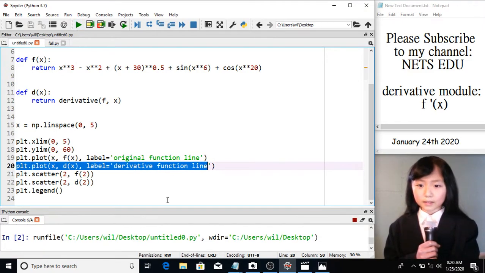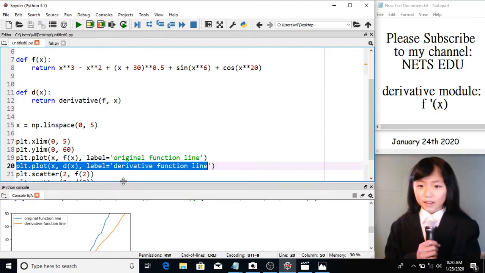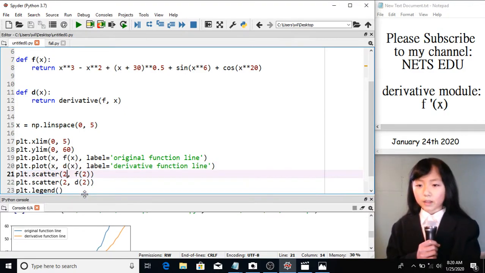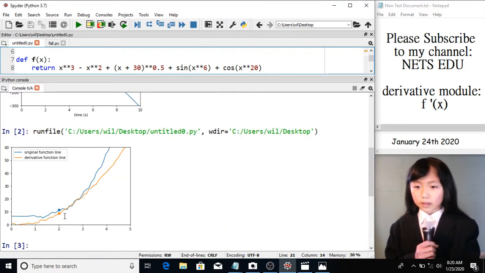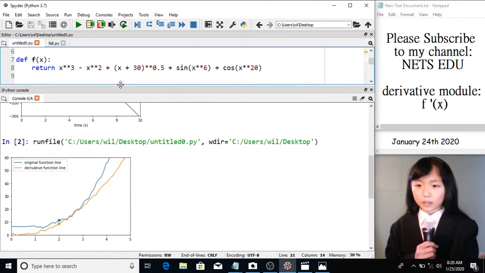Let's run it. Here we have this squiggly line. And with plt.scatter, I want to find a point where the x coordinate is 2. So when the x coordinate is 2, over here they show us the y coordinates. And plt.legend will give us this box.